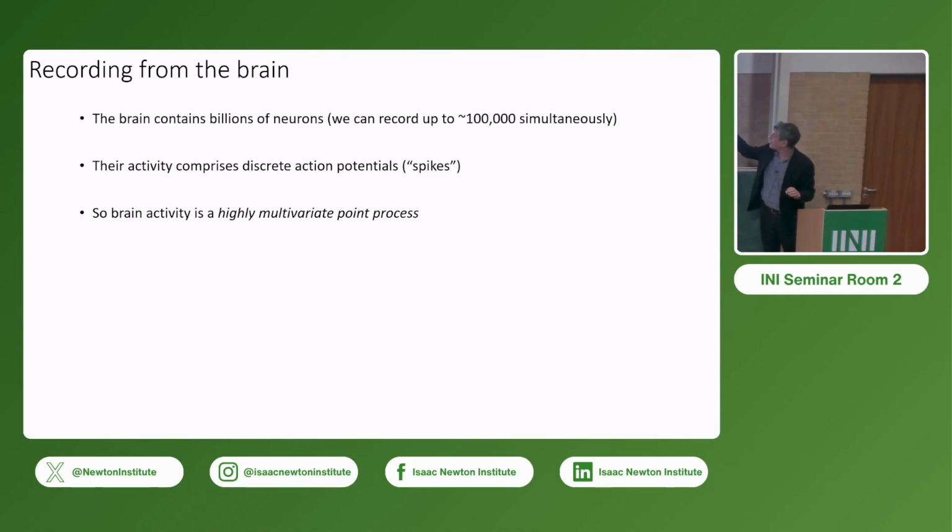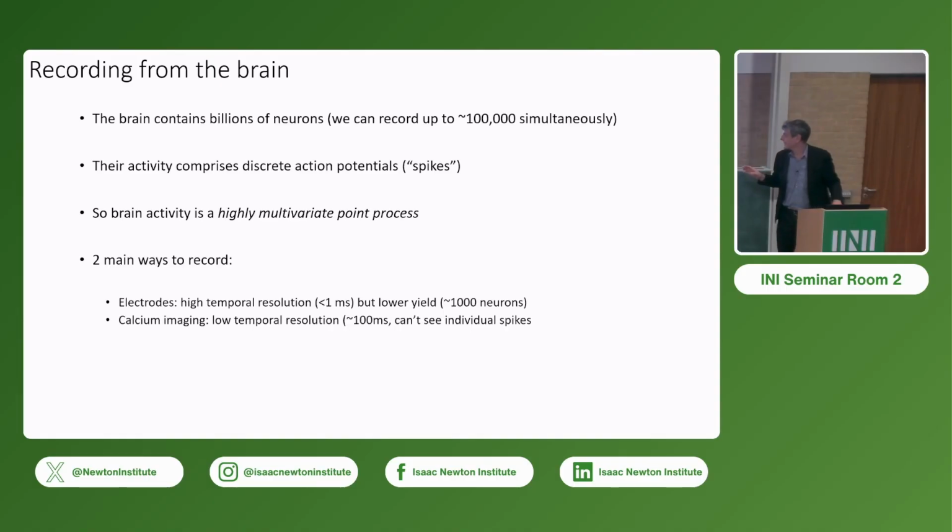So the activity of the brain is an extraordinarily multivariate point process. You've got 1 billion cells, and they're all firing these discrete events at certain times. That's what the data looks like, and that's what we need to analyze, and we need to correlate it with the sensory stimuli that the subject is seeing or hearing, and the actions that the subject is making. And if we can draw causal conclusions, but even if we can't, we want valid correlational statistics would be great.